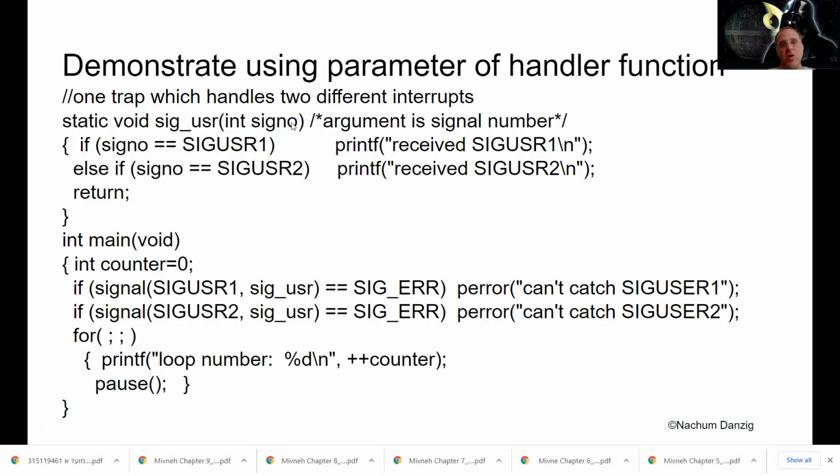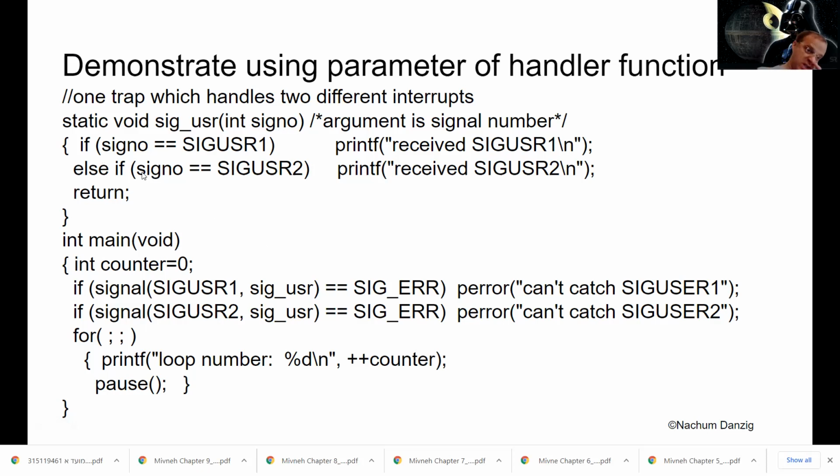Now, in this function, notice that I got an int over here as a parameter, sig number. Well, its name tells me what it is. It is the sig number that occurred. So if the main got a signal of sig user1, then that number will be 16. And I say if sig number equals sig user1, well, sig user1 is 16, then print receive sig user1.